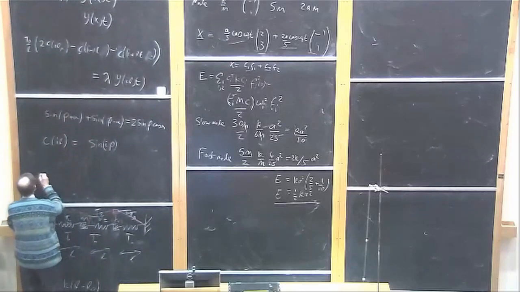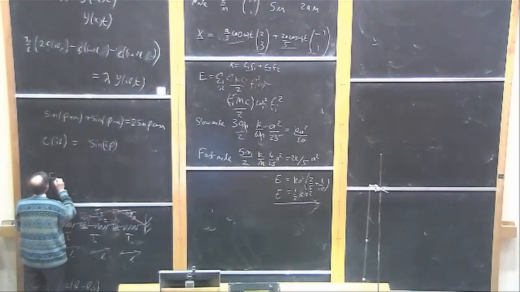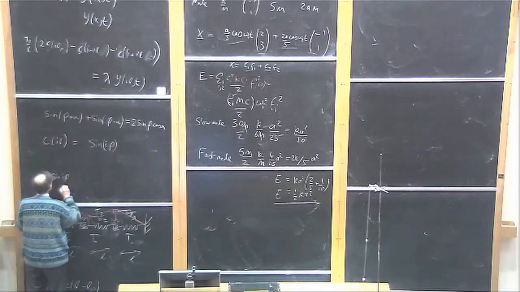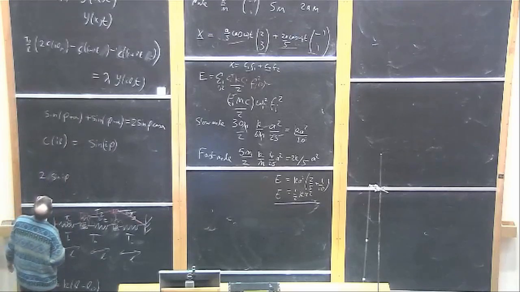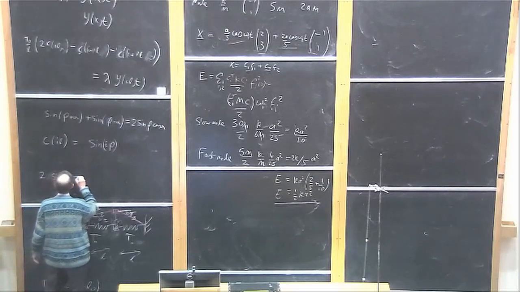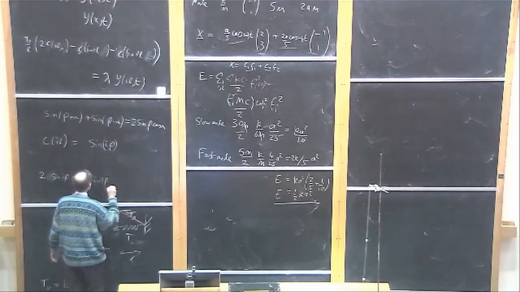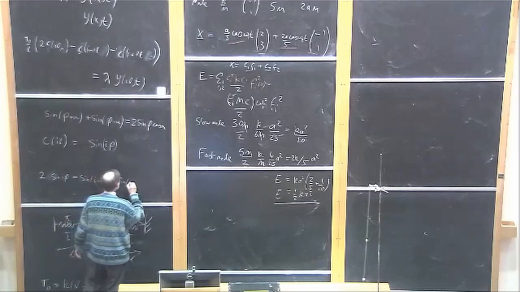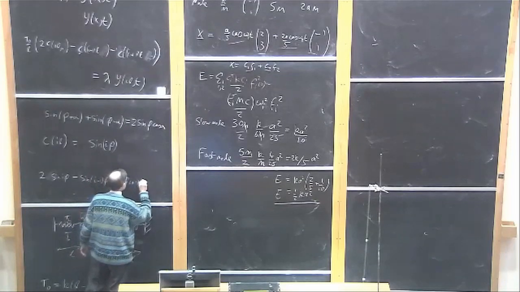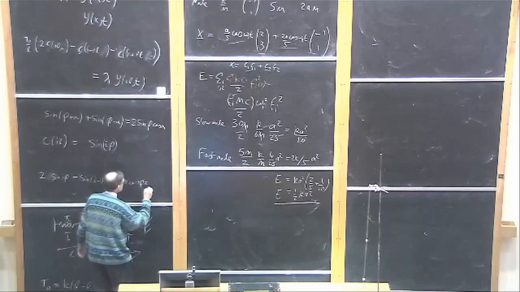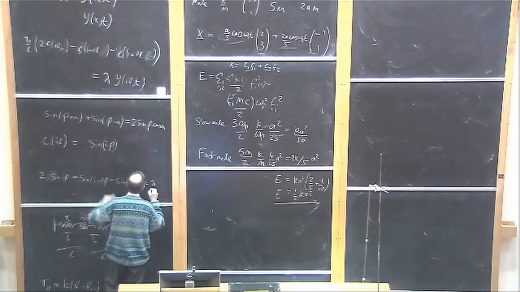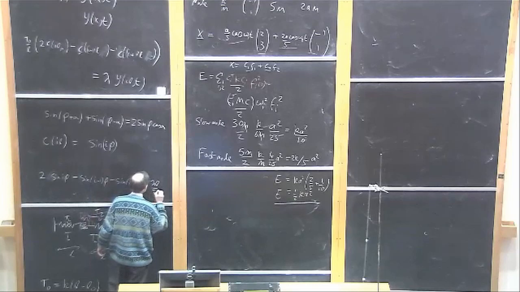So I get 2c, which is sine i phi, minus sine (i minus 1) phi, minus sine (i plus 1) phi, equals lambda, and I'll take the T naught over L over to the other side, T naught over L sine i phi.